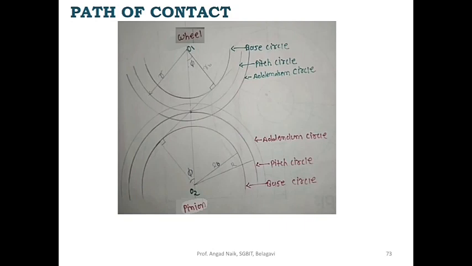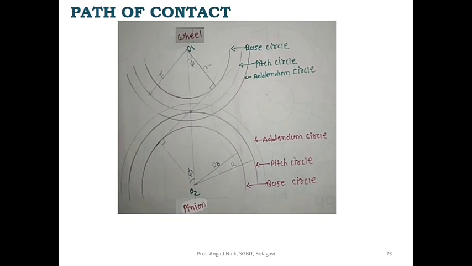To draw this, we'll first take the distance between O1 and O2 as 9 centimeter. The midpoint of 9 centimeter is 4.5. So with the help of a compass, mark 4.5 centimeter and place it on O1 with radius equal to 4.5 centimeter. Draw a curve.